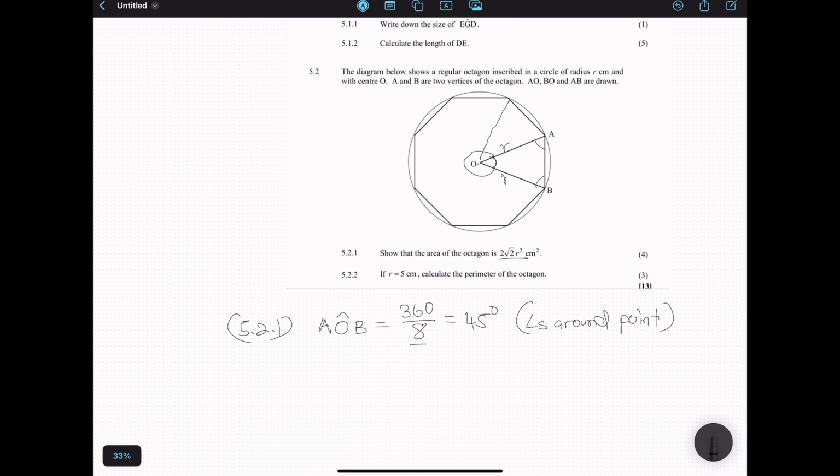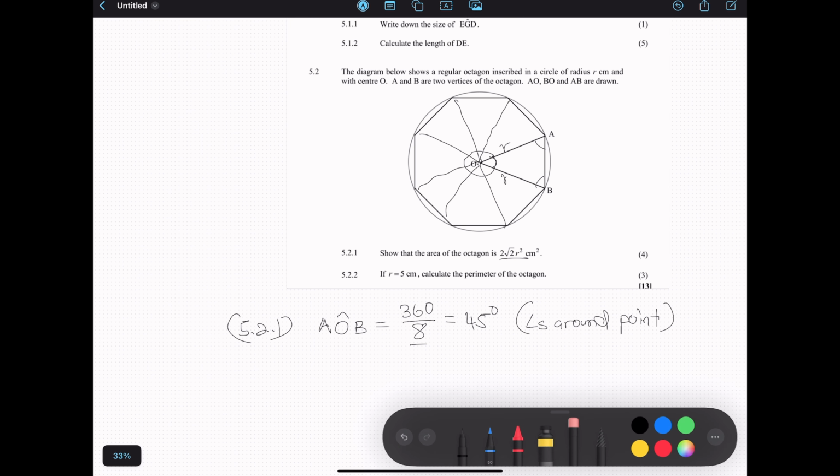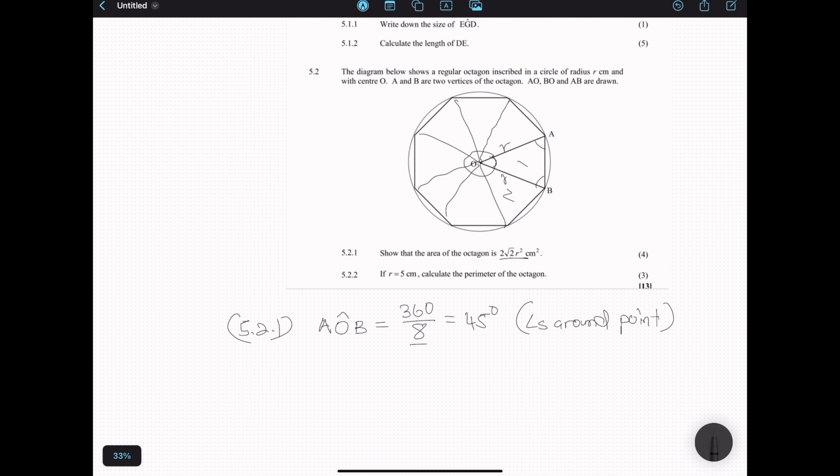If you count them, we have 1, 2, 3, 4, 5, 6, 7, 8. We have 8, hence we divide by 8. Then we have 45 degrees. This angle is 45, this angle 45, 45, 45, 45. All these angles are 45. So let's continue with the question.